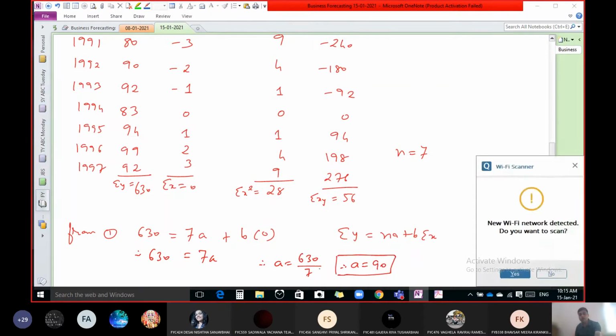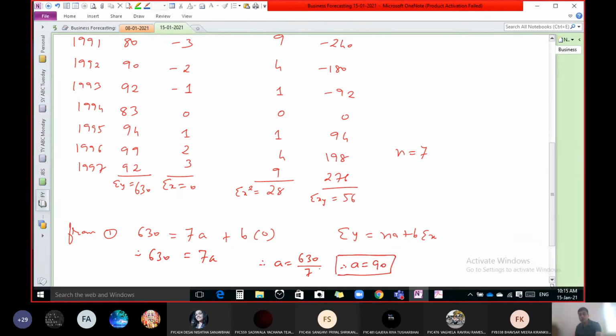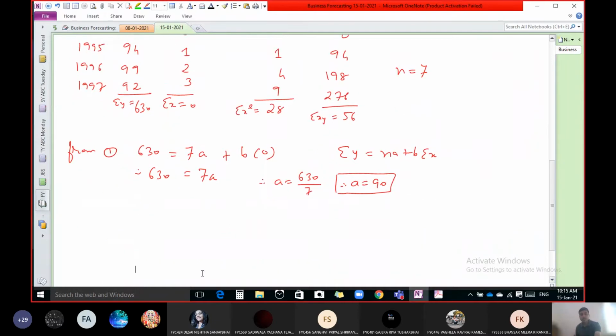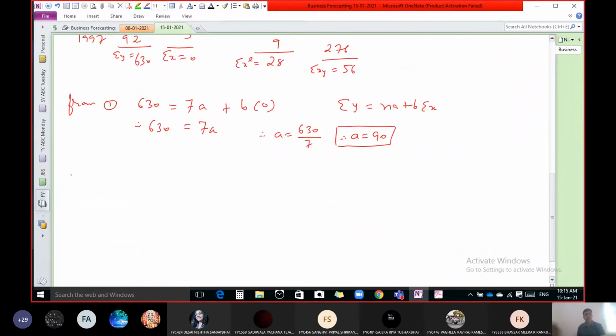Correct. And now put values in the second equation. Our equation 2 is sigma xy equal to a sigma x plus b sigma x square. So sigma xy is 56.